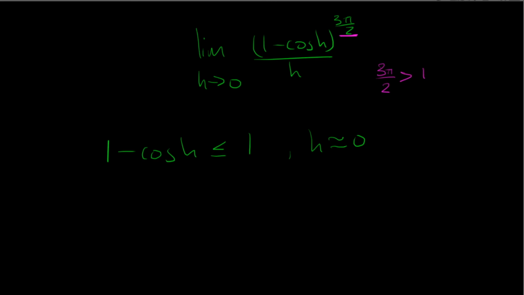So for example, if I look at, let's say, 3/4 squared, how does that compare to 3/4? Well, this is 9/16, which is a little bigger than 1/2. So 3/4 is bigger than 9/16.